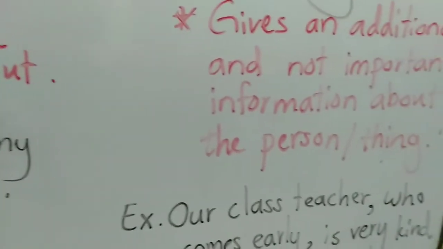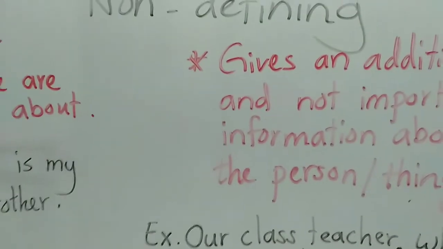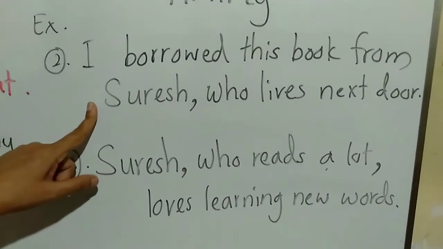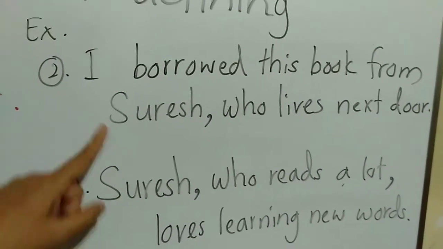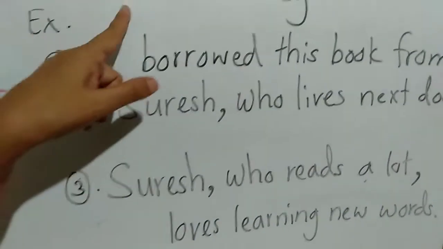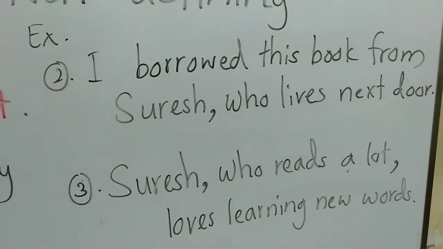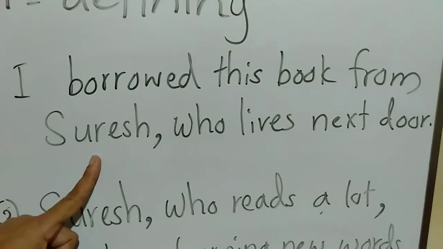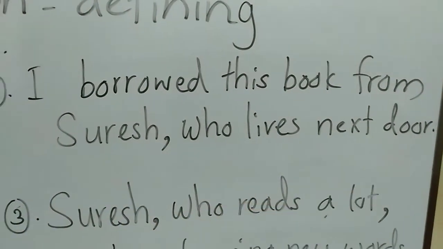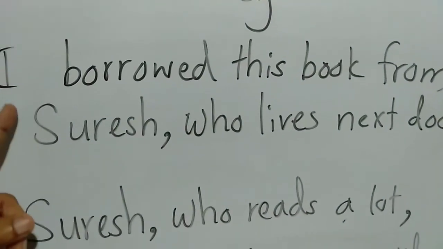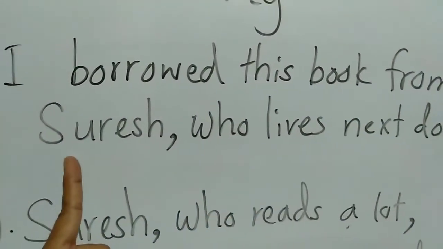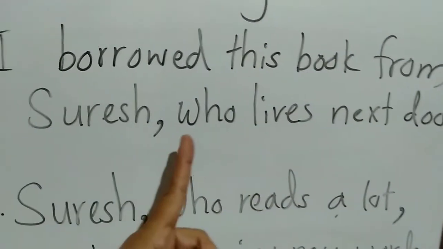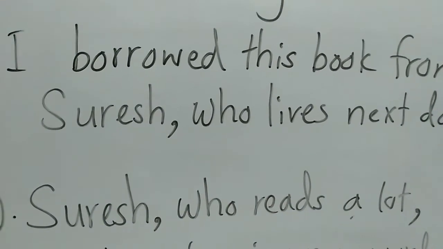Okay, let's see some more examples of non-defining clauses. Take this example under non-defining clause. I want to teach you the place where you have to use a comma in a non-defining clause. See this example too. I borrowed this book from Suresh, who lives next door. I borrowed this book from Suresh, comma, who lives next door. To separate this relative clause, we put a comma.